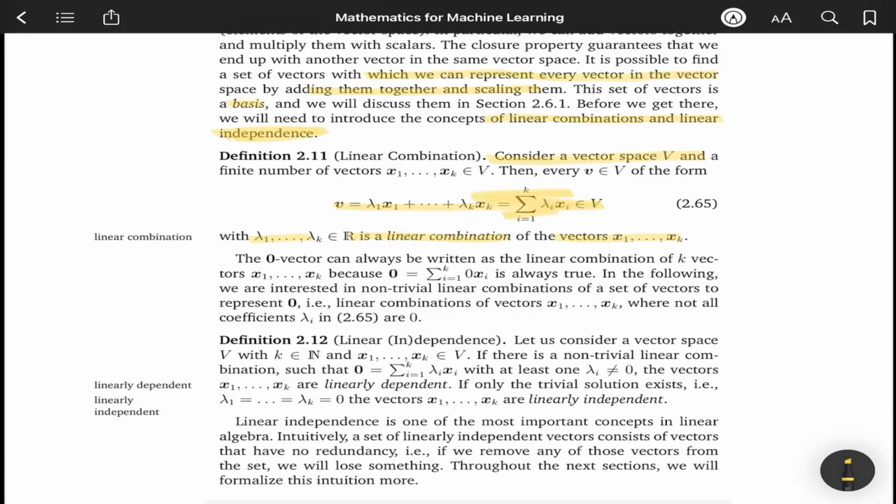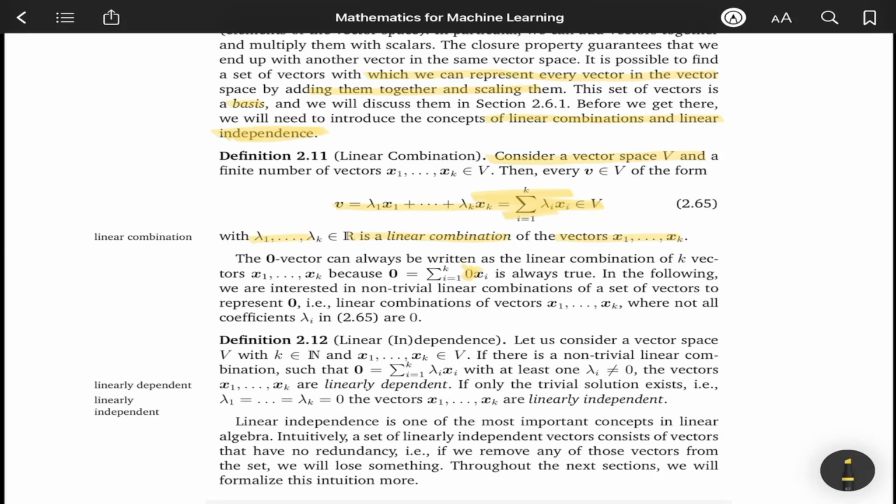Okay, so the next sentence: the null vector can always be written as a linear combination of k vectors, because the null vector is always the sum if you scale them to 0, right? So they take whatever vector you have and you just scale it down. And that's always true.